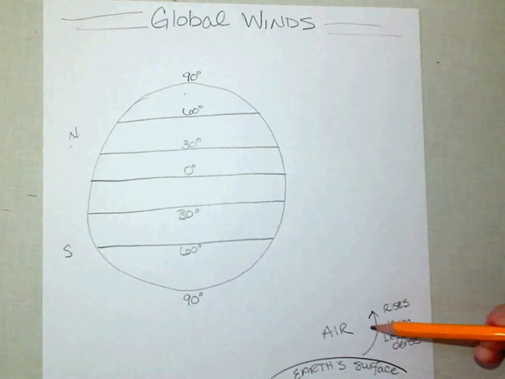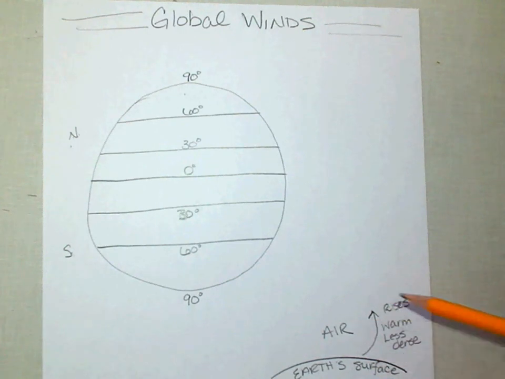It's getting farther and farther away from this warm Earth surface. Kind of like when you are at a campfire and you go walking backwards, you get away from that campfire, it starts to become cooler.